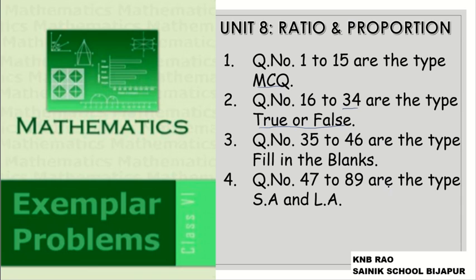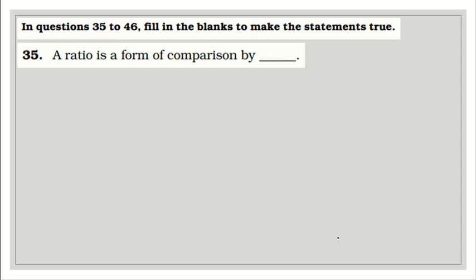So today's session we will start solving the questions from 35th onwards, which are of the fill in the blanks type. Moving on to question number 35 to 46, as I said, they are all of fill in the blanks type to make the statements true.